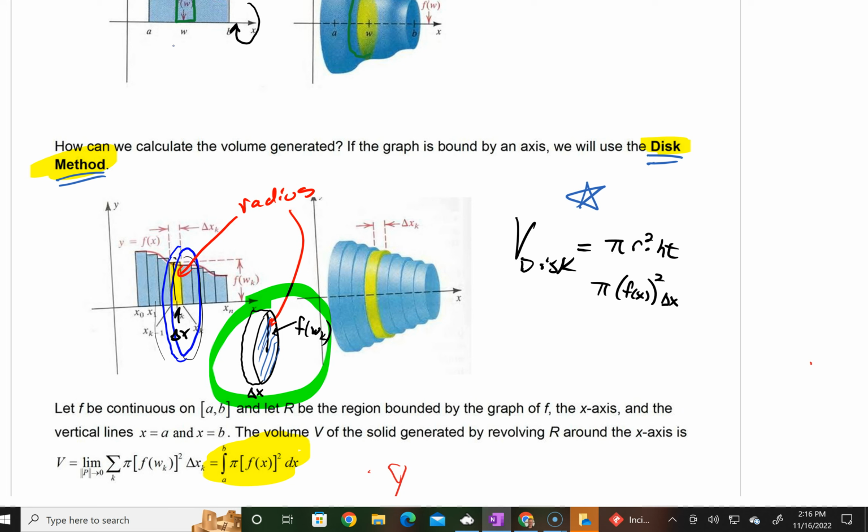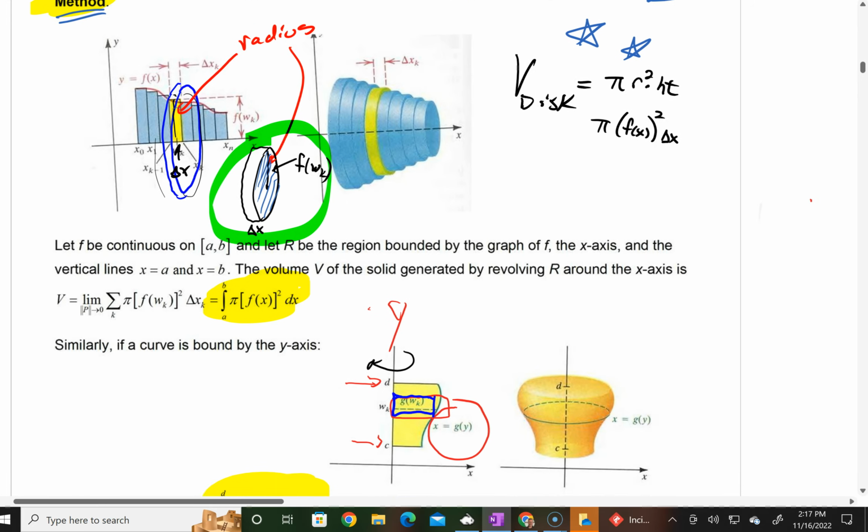It's a circle, right? You can see that right there. It's pi r squared. And what's your r? Well, your r was the height of the rectangle. That was your function value. Now you could ask what the thickness is, the distance between those circles. Well, that's your height. That's going to be delta x.